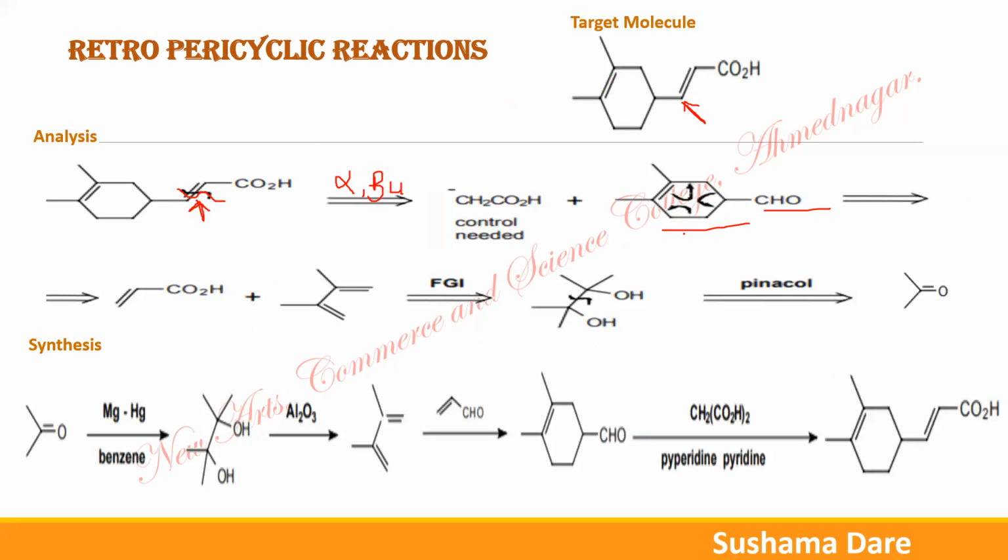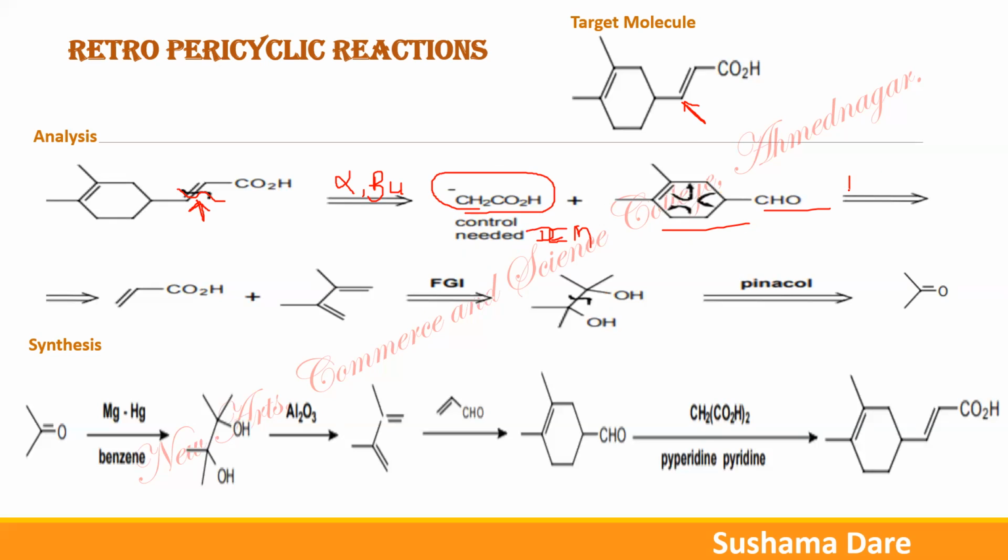So the requirement is fulfilled, and the remaining part is CH2-COH. The best synthetic equivalent for this synthon is diethyl malonate.